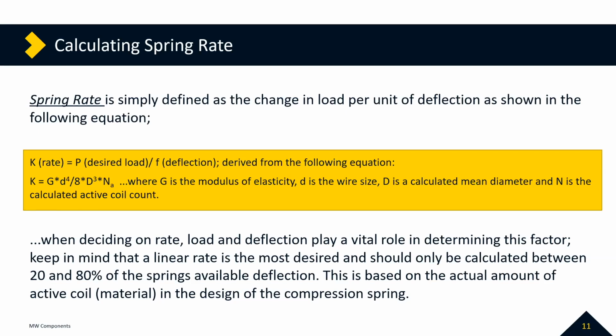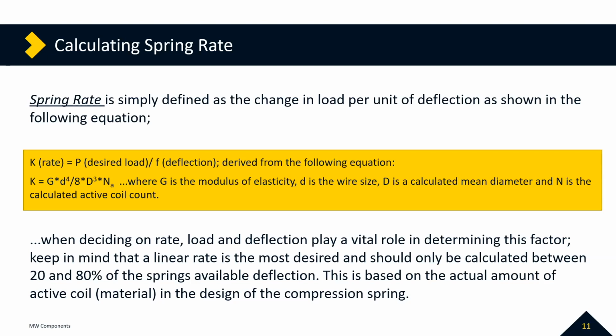And that is just the bare necessities of figuring rate. But when you decide on a rate, the load and the deflection play a most vital role. In all efforts, you'd like to try to keep that rate linear, or a straight line, through the design of the spring itself.